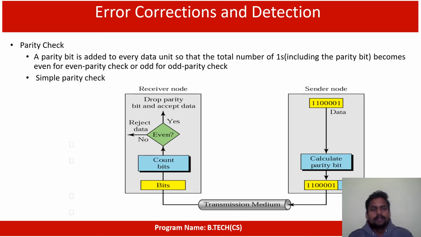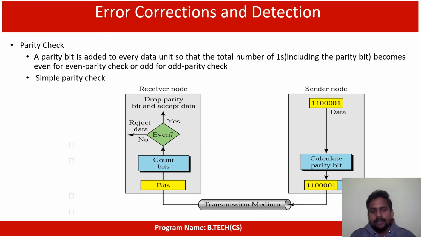Right. So you see this diagram, and the first is the parity check. In the parity check, a parity bit is added to every data unit so that the total number of ones becomes even for even parity, or odd for odd parity. Okay. So what they are telling is, we are transferring some data to some destination or target place.